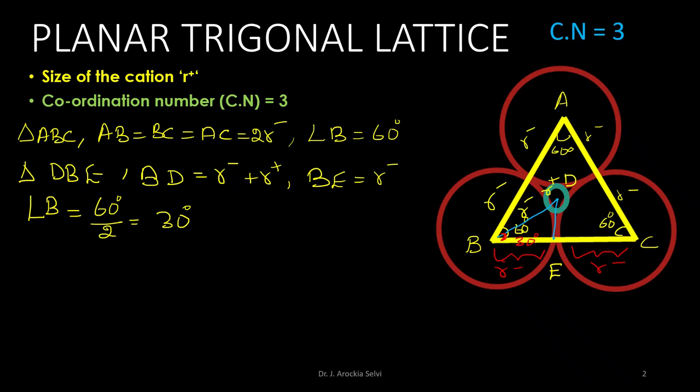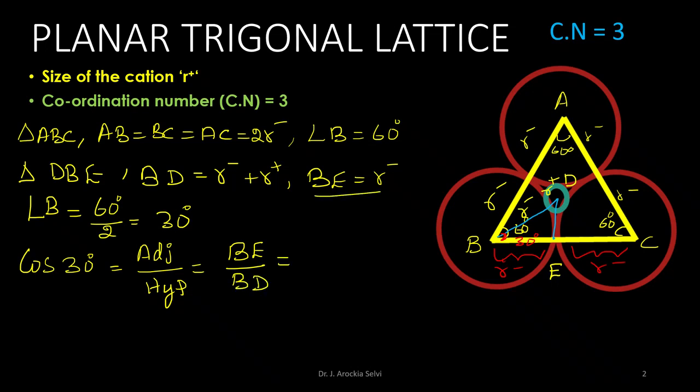So cos 30 is equal to adjacent by hypotenuse. The adjacent here is BE, and the hypotenuse is BD.